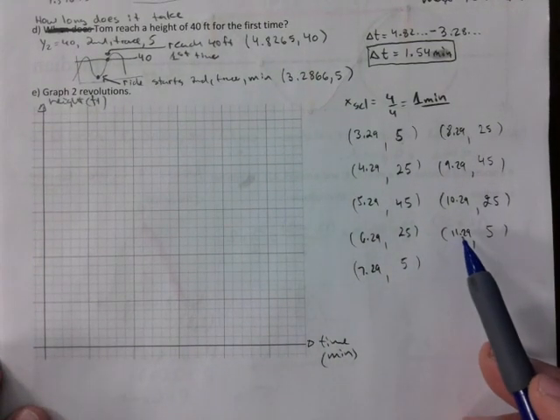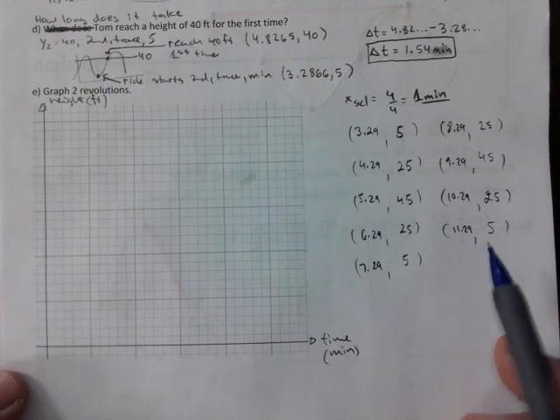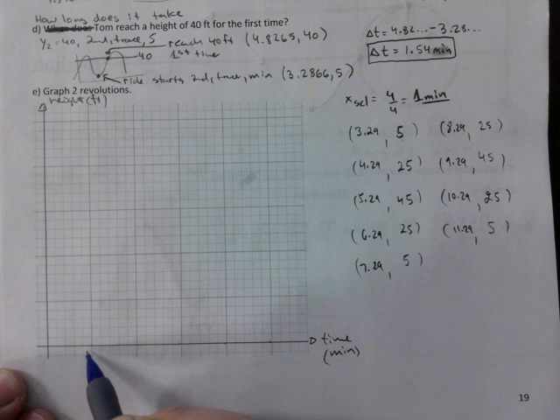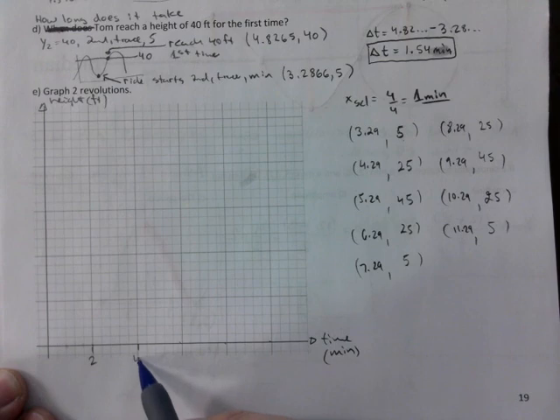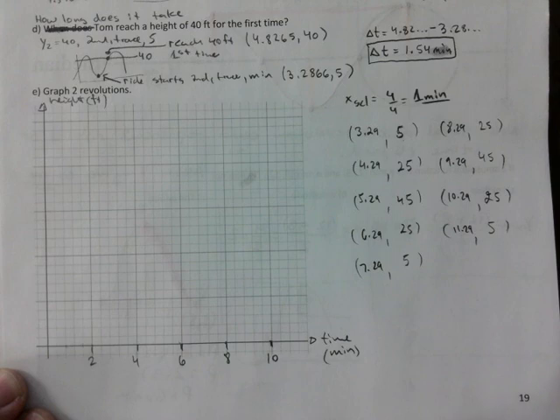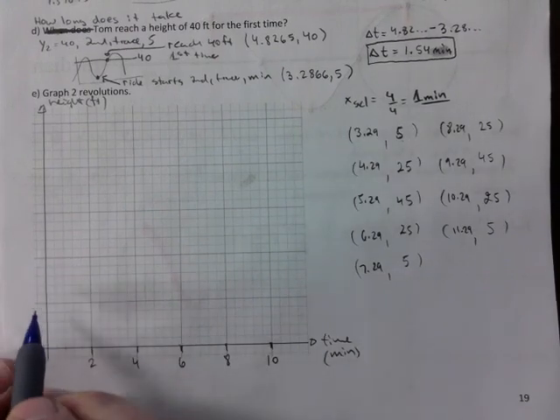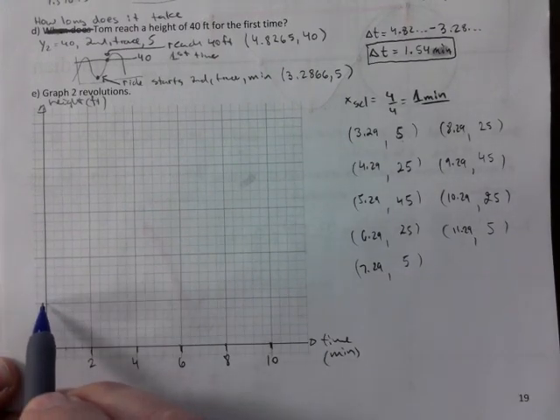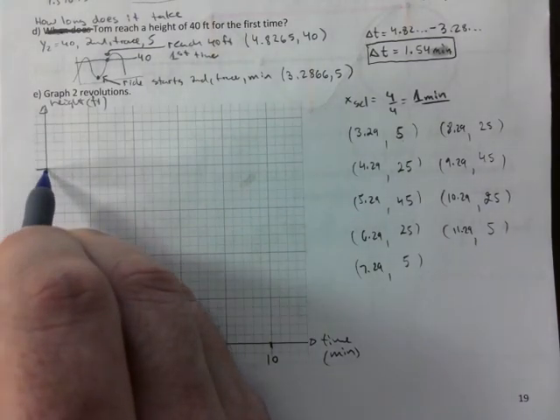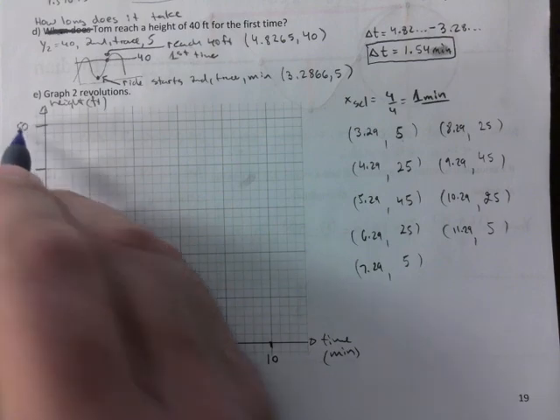And it looks like my scale needs to go all the way up to 12 or so minimum. So let's see here, 2, 4, 6, 8, 10. Not quite. Let's see here. I'm going to make it work. It's 11 something, so I can make it work. Okay. And then for the height, if I go up 10, 20, 30, 40, yeah, that's going to work. So 10, 20, 30, 40, and then this is 50 here.